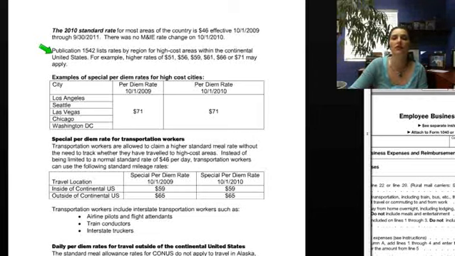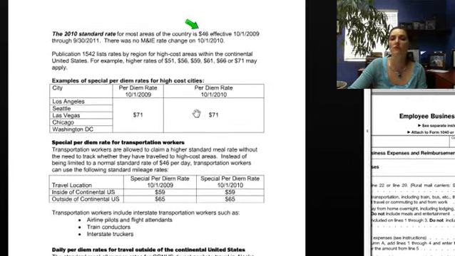Higher rates are $51, $56, $59, $61, $66, or even up to $71 a day. Examples of special per diem rates for high-cost cities are Los Angeles, Seattle, Las Vegas, Chicago and Washington, D.C., which are all considered high-cost areas that qualify for a full $71 a day rather than the normal $46 a day.